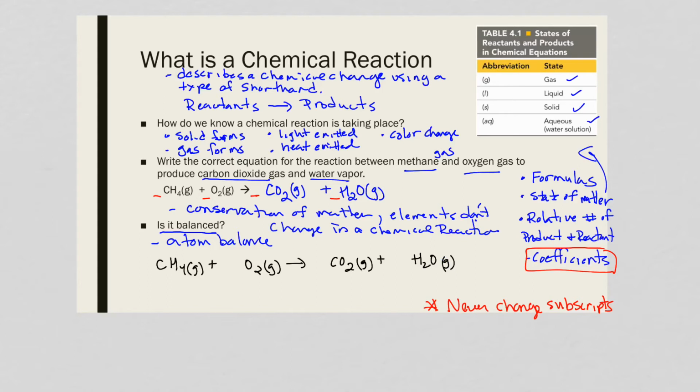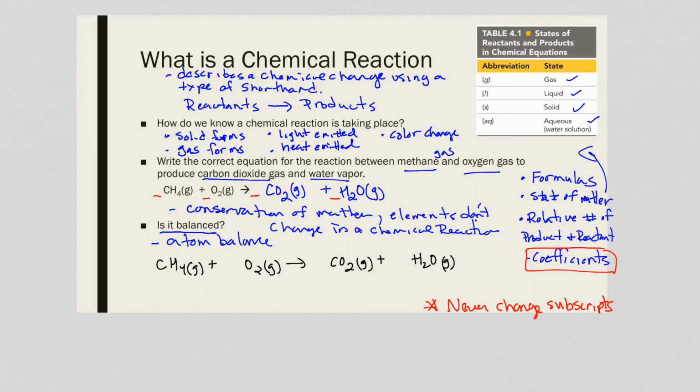Now, as we go about balancing them, there's a couple of tricks we can use. There isn't a perfect system because everybody approaches it a little bit differently. We think about these things just a little differently from each other.